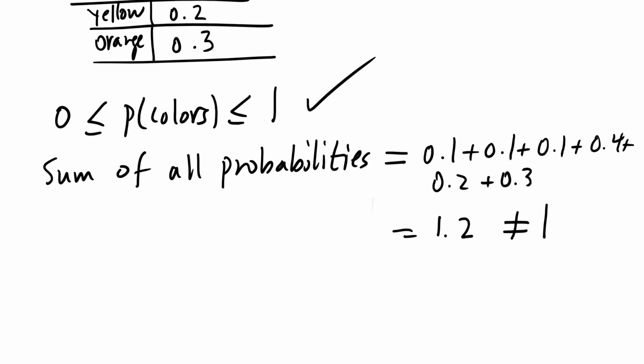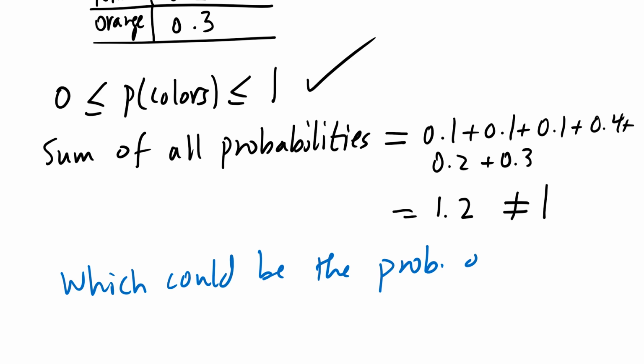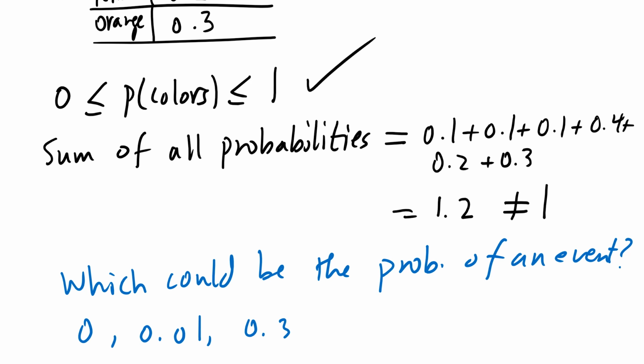The next thing we can ask is, which of the following numbers could be the probability of an event? Which one of these could be a probability? Let's say 0, 0.001, 0.35, negative 0.4, 1, 1.4.